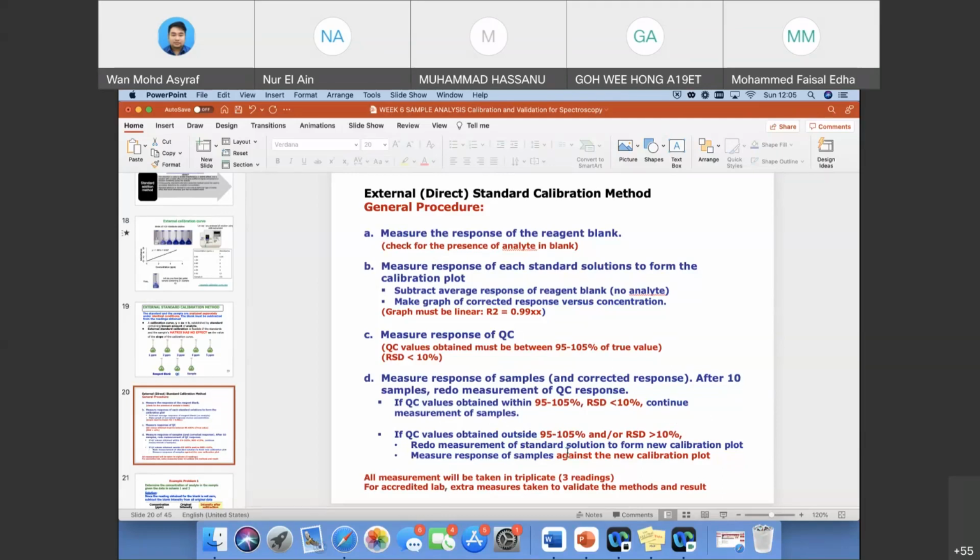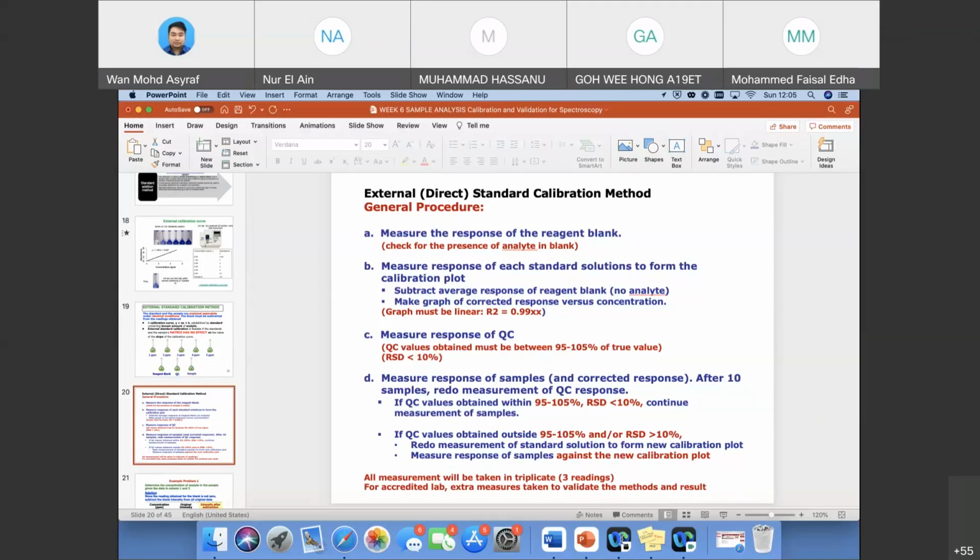Okay, so measure the response of the sample. After 10 samples, redo the measurement of the QC response. If it is still within the range, continue the measurement of the samples.